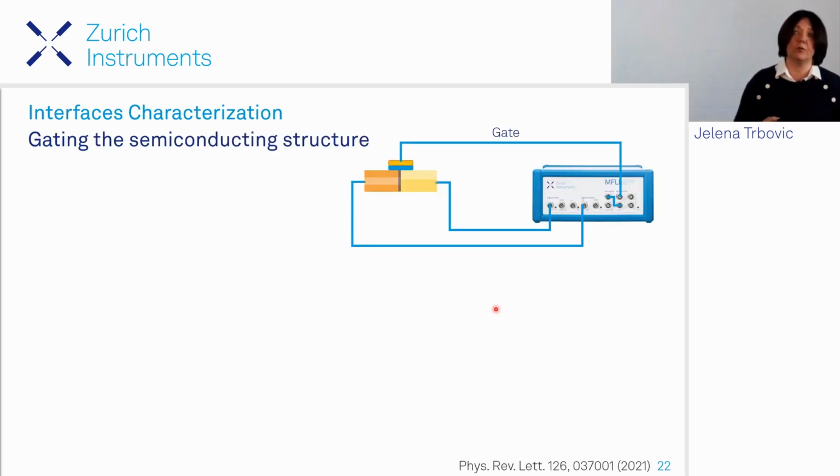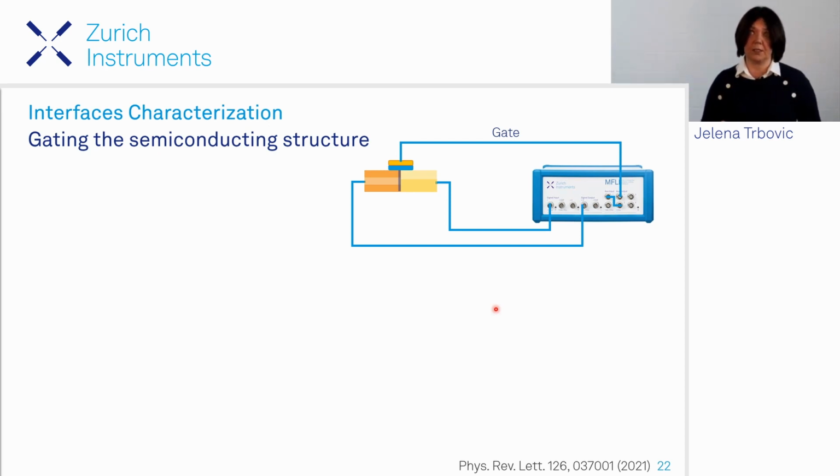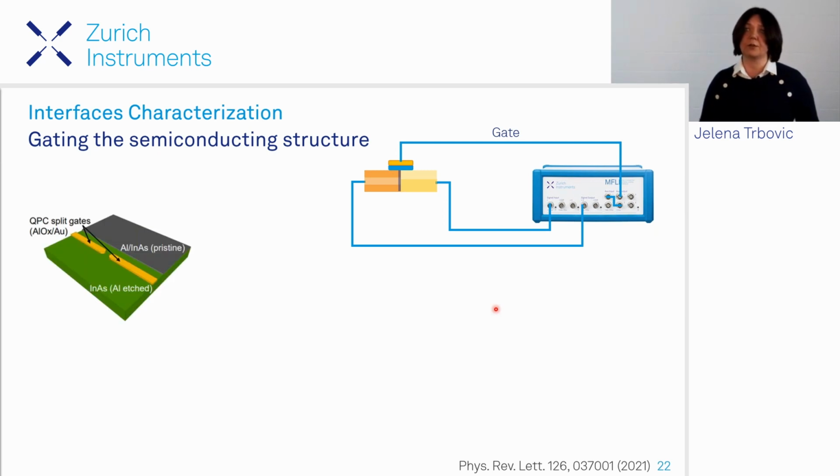Now we also know that if we have a semiconductor, and we put a gate on the side, this is also done using the lock-in amplifier, we can both gate and change the electronic properties of the semiconductor, but also we can directly influence the transparency of the tunneling barriers.